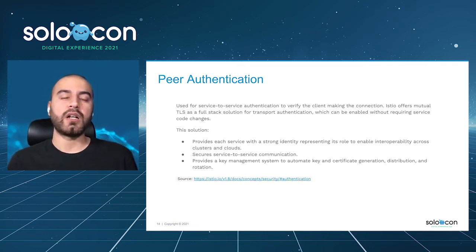That's the whole concept of PeerAuthentication. This description comes directly from the documentation as well, but ultimately, PeerAuthentication is configuring and controlling the level of mutual TLS, in other words, how you can identify who is trying to establish a connection with you.